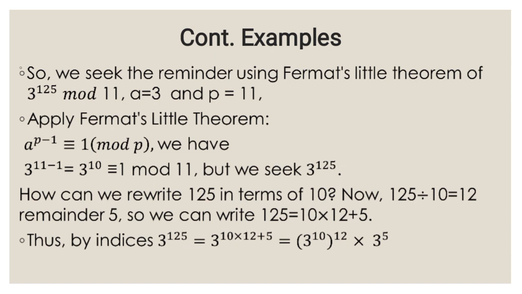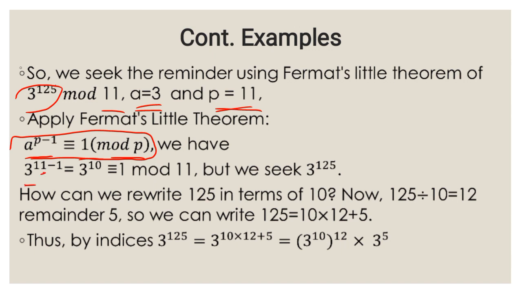But what do we seek again using Fermat's theorem? We seek the remainder when 3 raised to the power 125 is divided by 11. We have seen that A is 3 and our P is 11. Fermat's little theorem tells us that A raised to the power P minus 1 is congruent to 1 modulo P. So we just substitute: our A is 3, our P is 11.